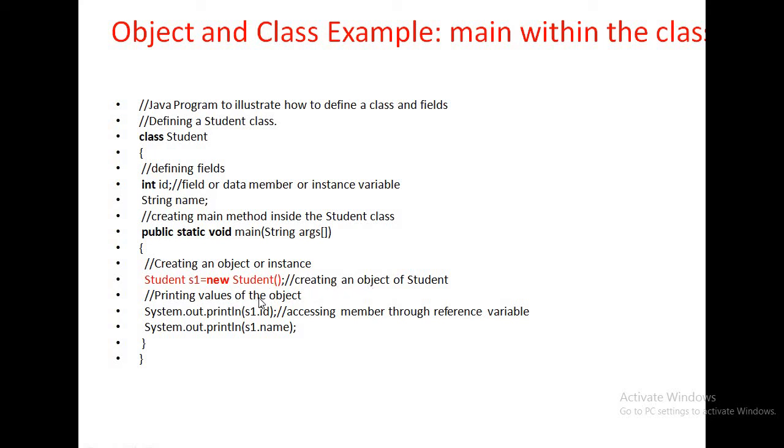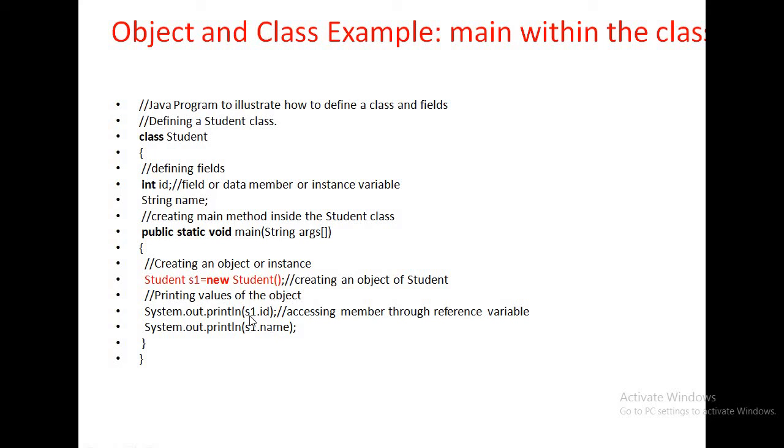Then how to print the values with the help of the object? Now s1.id. If I want to fetch the value of id, I write object name dot variable name, like in C++: s1.id, s1.name. For printing I always write System.out.println. System is the class name, so S must be capital.